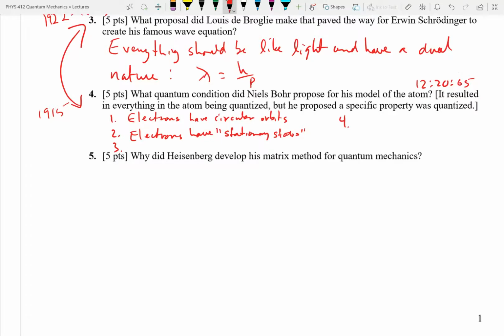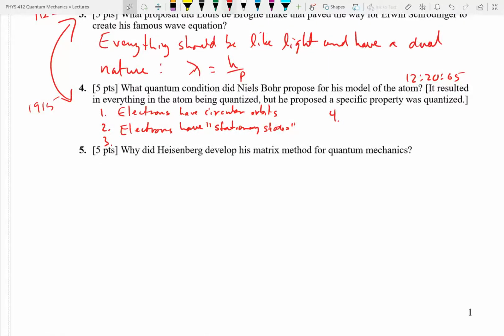Number 3 is the payoff punch, the one we were looking for. By the way, was number 2 correct or incorrect? That's correct. Number 3, is that correct or incorrect?